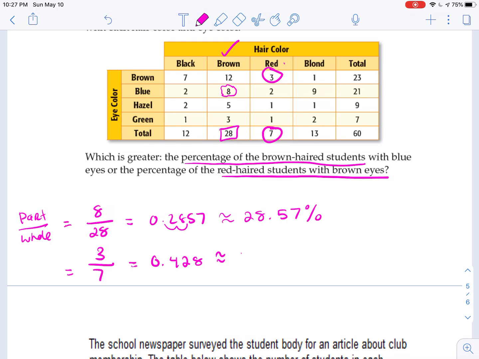So what is 3 divided by 7 as a decimal? 0.428. Okay, converted to a percentage is 42.8%. Now my rounding is slightly off, but it's just asking me to compare. Okay, so which one's greater? Well, the percentage of red-haired students with brown eyes is greater than the percentage of brown-haired students with blue eyes.